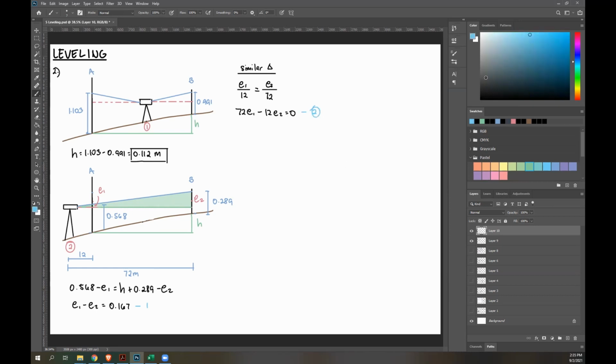I have two equations, two unknowns. I'll leave it up to you how to solve using simultaneous equations. You can use your calculator or do it manually. Please solve for E1. Let me know, is it positive or negative?